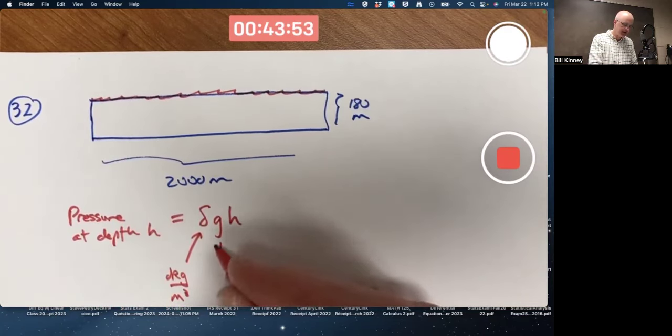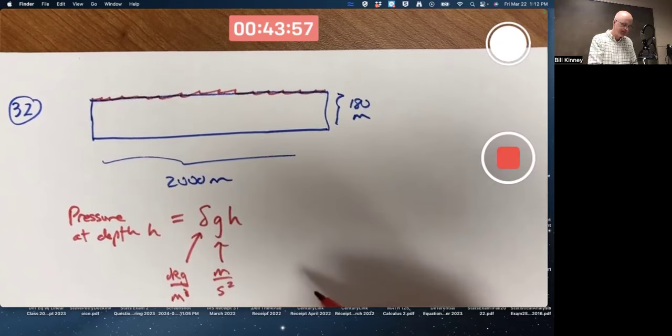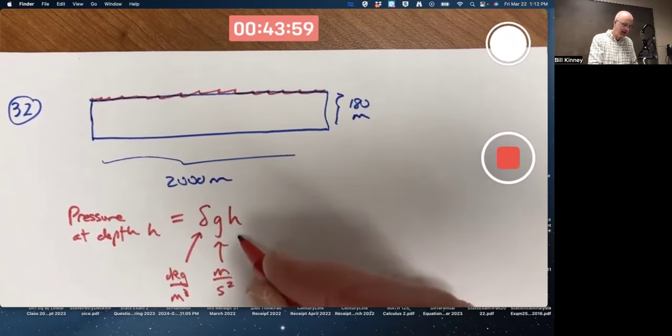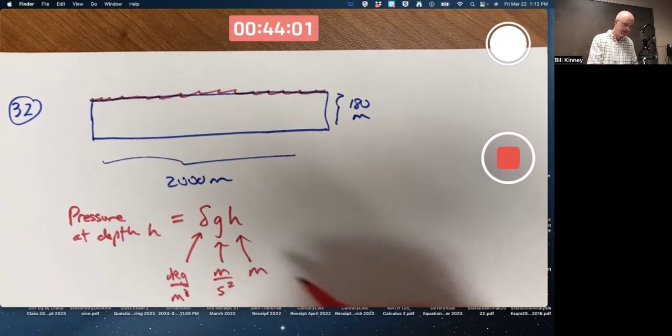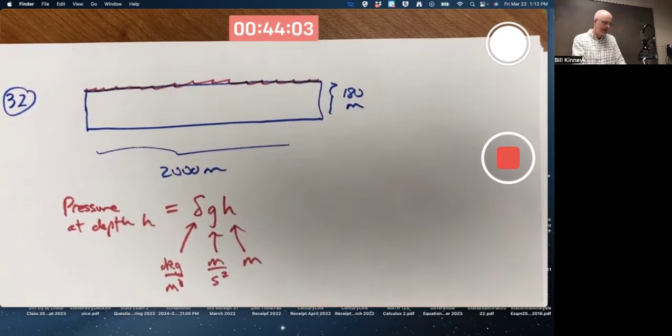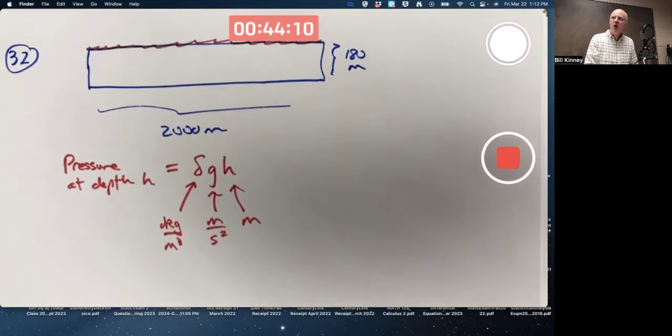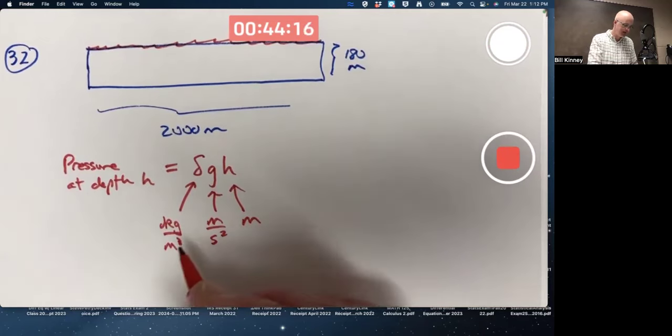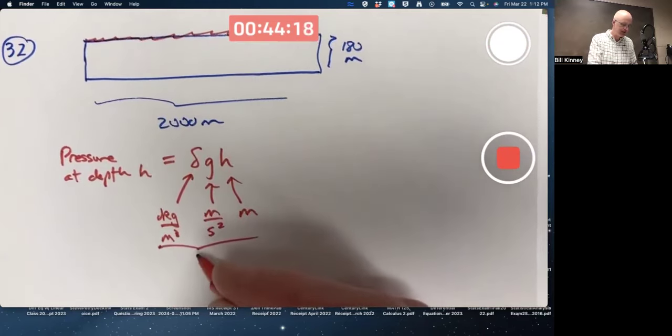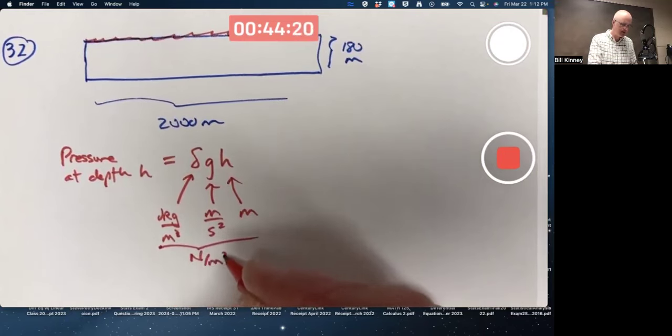G is the acceleration due to gravity, meters per second squared. And H is the depth in meters. This gives you a pressure ultimately in newtons per square meter. It's not immediately obvious how that happens, but that's what this ends up being, newtons per square meter.